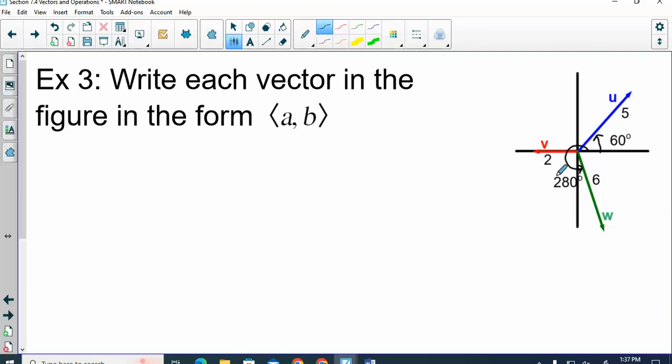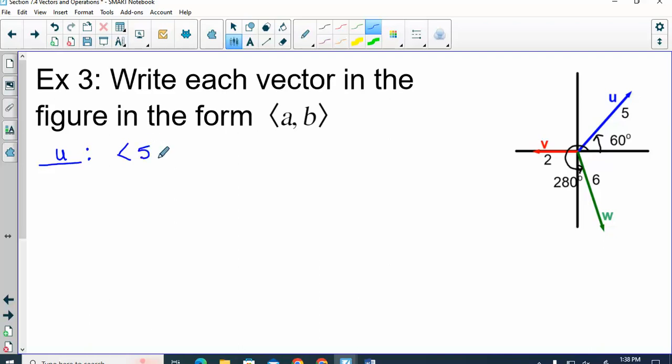So I have a figure with 3 different vectors. And I want to write each of these vectors in the vector form. Let's talk about vector u. What is the magnitude?